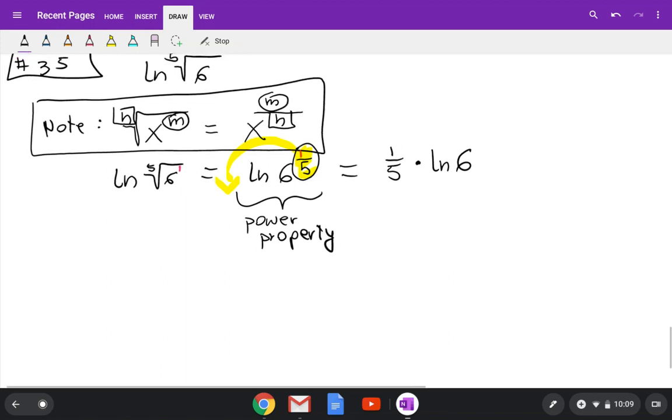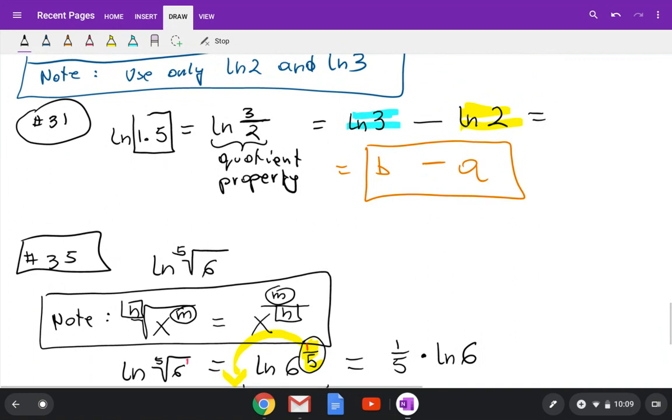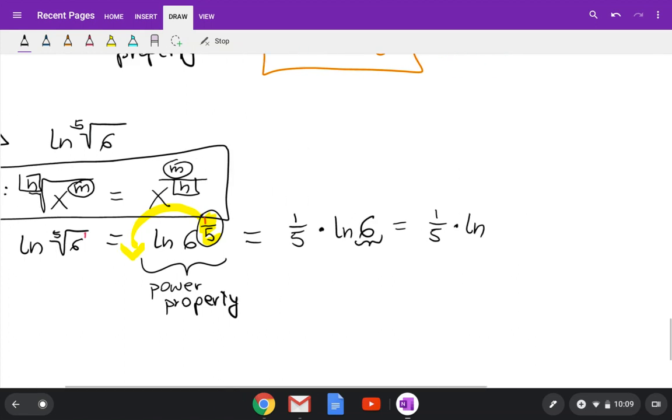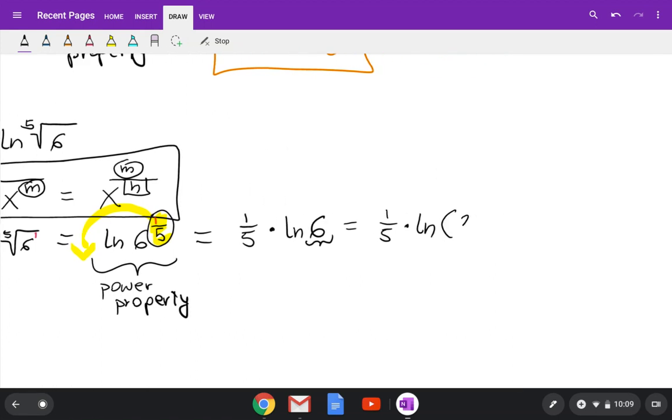Still not what they want, because they want you to technically use ln of 3 and ln of 2. So we're going to break down 6 into 2 times 3. This is 1/5 times ln, and just rewrite 6 as a product of 2 times 3.